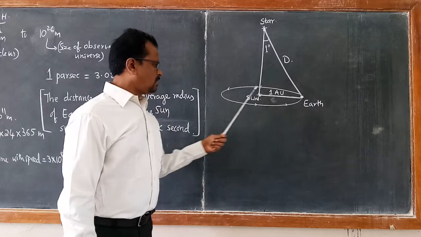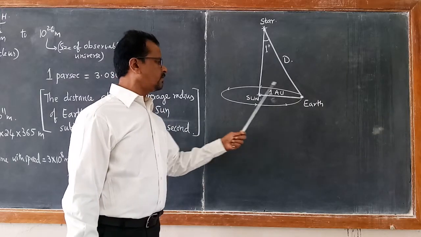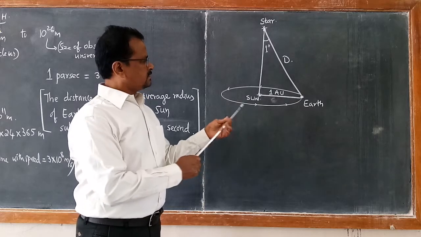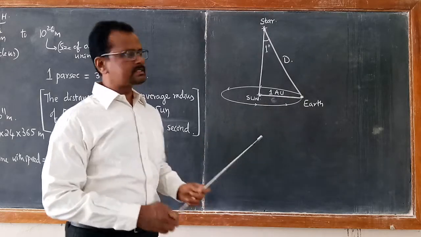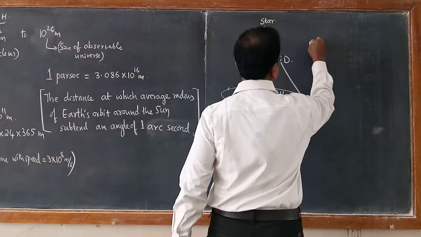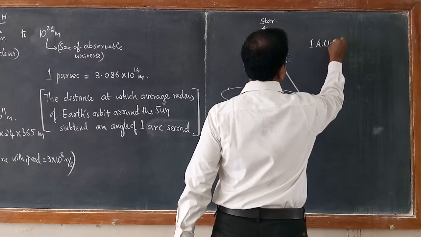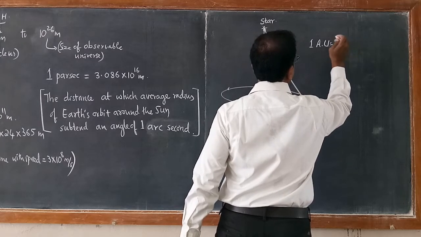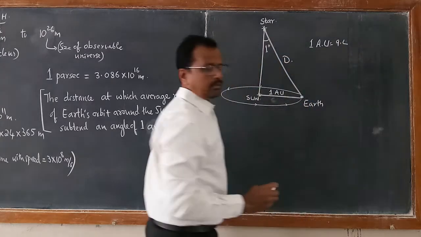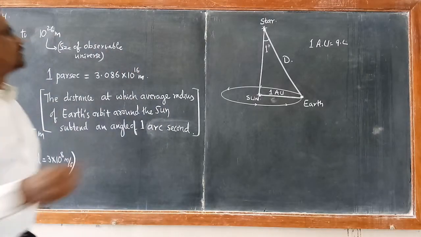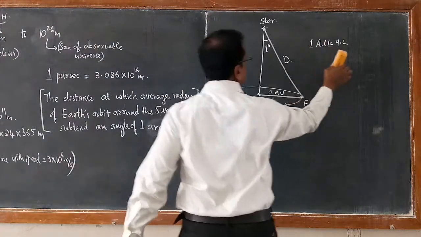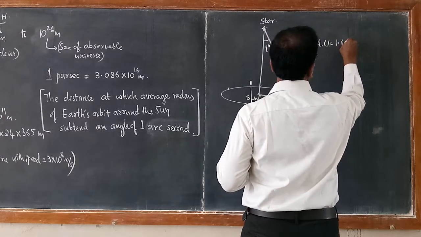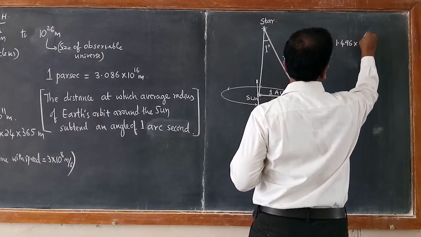First, draw the orbit of Earth revolving around the sun. The radius of this orbit is 1 astronomical unit, that is 1 astronomical unit is equal to, in terms of meter, 1.496 into 10 raised to 11 meter.